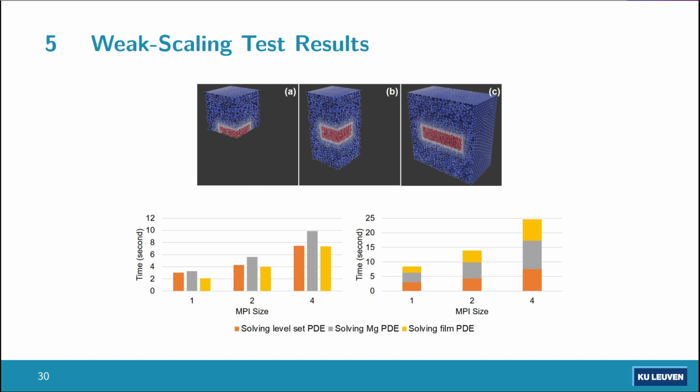Here, the runtime for each time step is plotted cumulatively, and when it's broken down into contributions, it can be seen that as we double the size of the problem and the available MPI nodes as the computational resources, we have still an increase in the runtime, which means that the parallelization approach is not very efficient, at least from a weak scaling perspective.